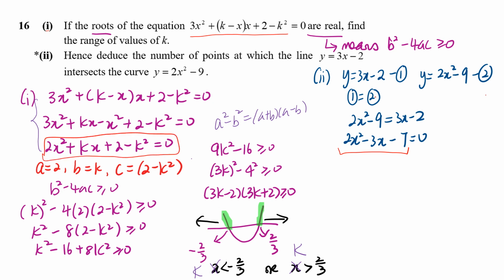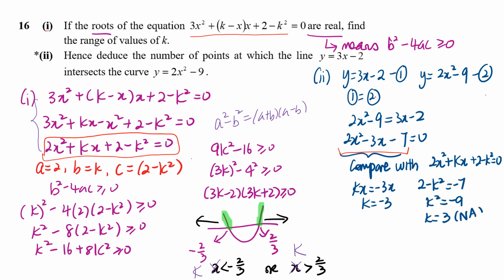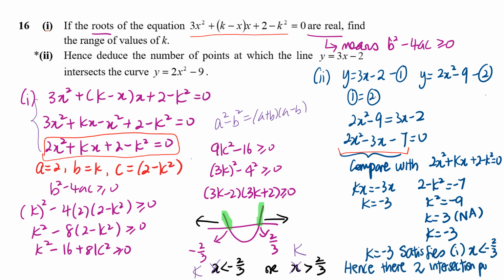Okay, so if you do a comparison, the value of k will be negative 3. So if your value of k is negative 3, it satisfies the condition where k is less than negative 2/3.